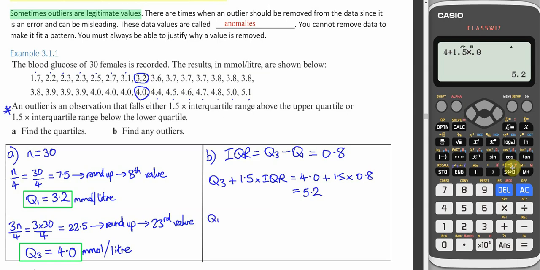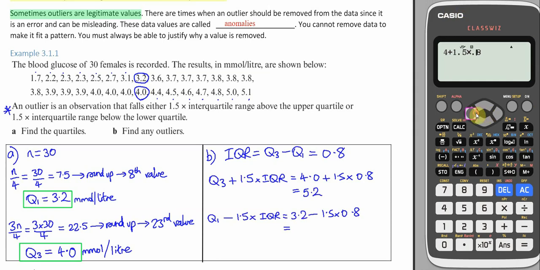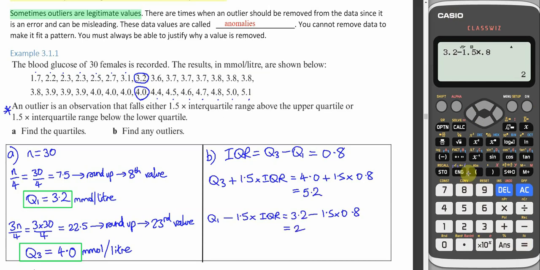Anything lower than the lower quartile, take away 1.5 interquartile ranges, which is 3.2, take away 1.5 times 0.8, which is 2. So that's the lower limit. So anything less than 2 or anything bigger than 5.2 counts as an outlier.